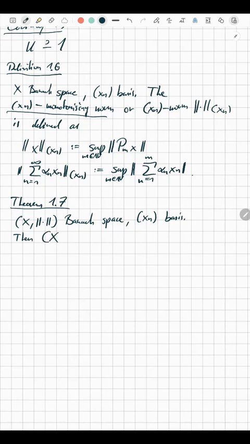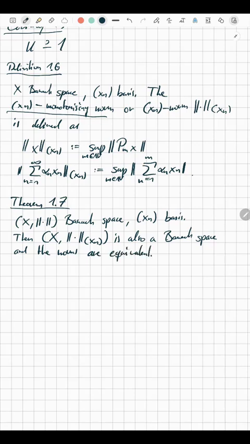Then X with this new norm is also a Banach space, and the norms are equivalent. And to show this, we will first show that this new Banach space is complete. And then at the end, we will use a nice technique to quickly show that they are equivalent.